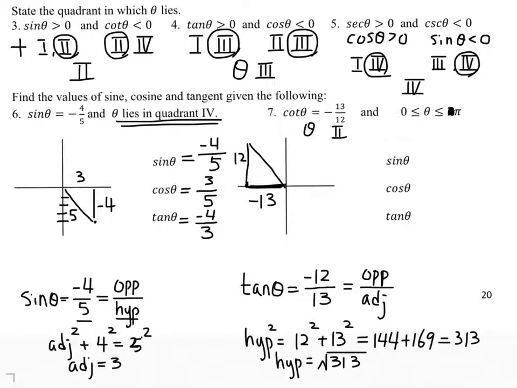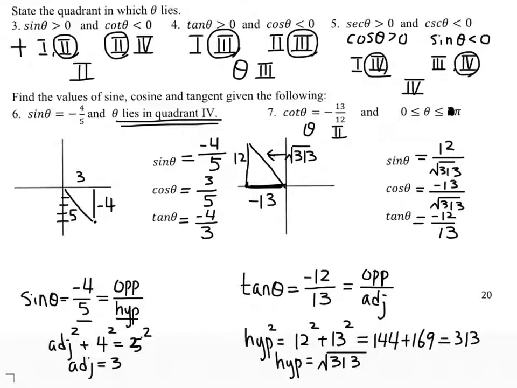And our hypotenuse is, as we calculated, going to be the square root of 313. So sine is going to be opposite over hypotenuse. Cosine is going to be adjacent over your hypotenuse. And then tangent is a given, which is negative 12 over 13.